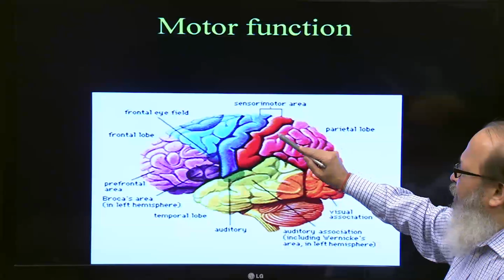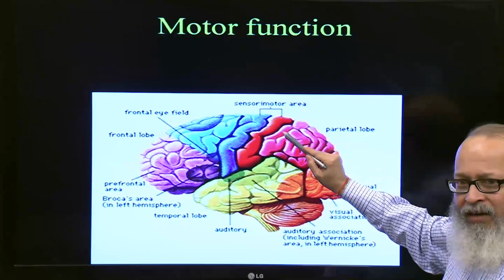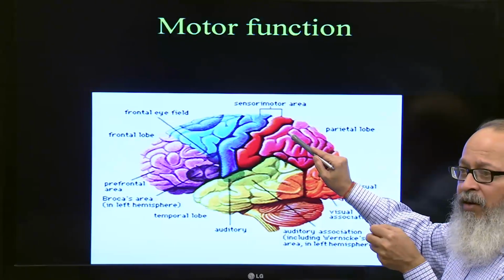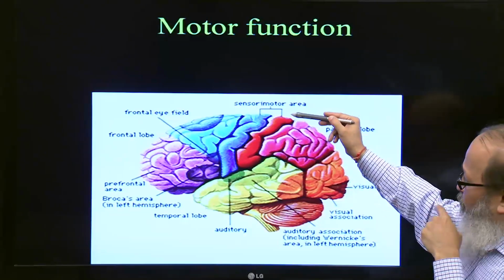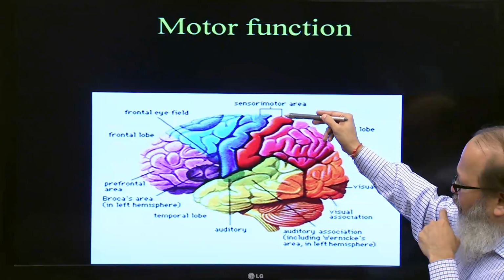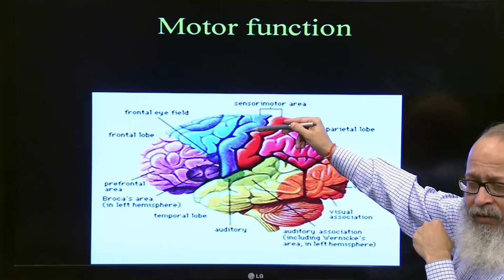This is a sensory motor area, sensory and motor. Sensations come here. When I told you the example of a prick and you remove your hand, the spinal cord is doing it, but the information comes here. The sensations are processed, and the signal is sent to the motor area.